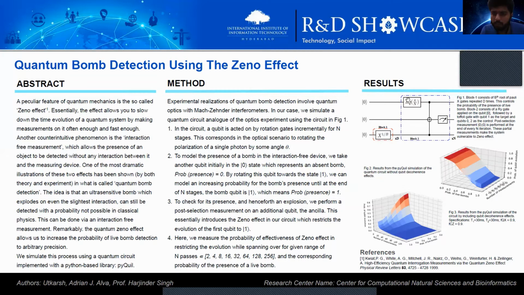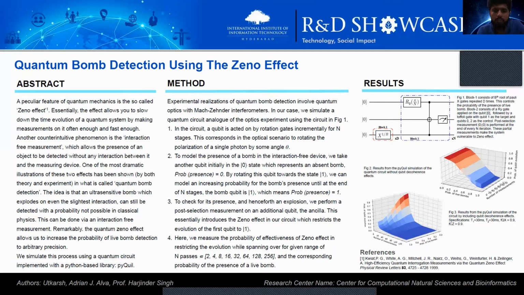This rotation gate is applied n times, trying to change the state of the qubit from 0 to 1. If the bomb is dead, the rotations add up until the qubit has rotated all the way to 1, and we stop after the appropriate number of measurements. So we have a cutoff limit for the number of measurements.